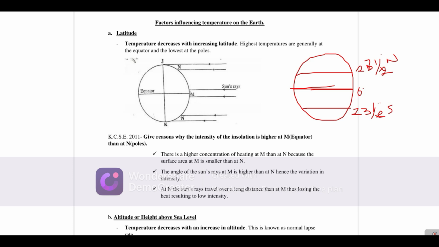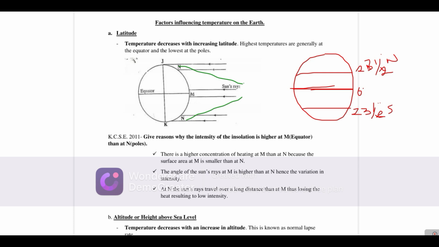As you can see in this diagram, these are the sun rays, which are hitting the equator at 90 degrees. So it is just straight. And the sun rays will have to travel a long distance to the poles. And so by the time it's getting to the poles, its intensity is going to be lowered, or rather decrease.